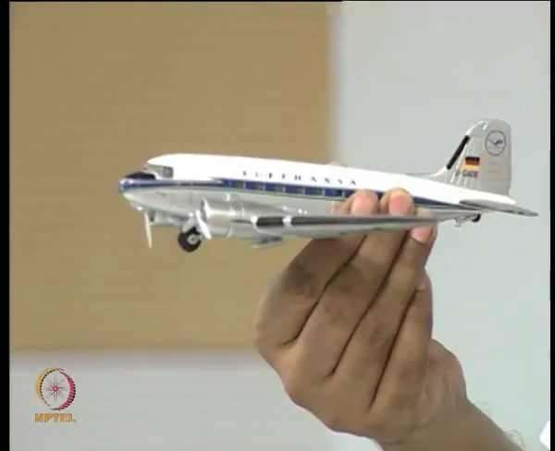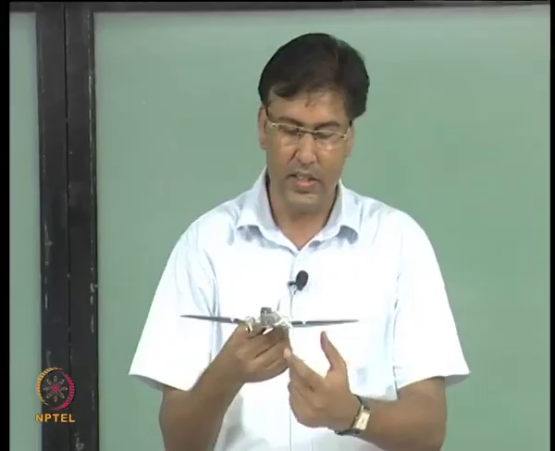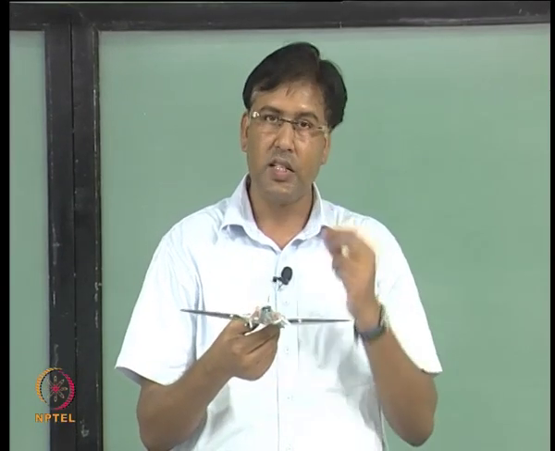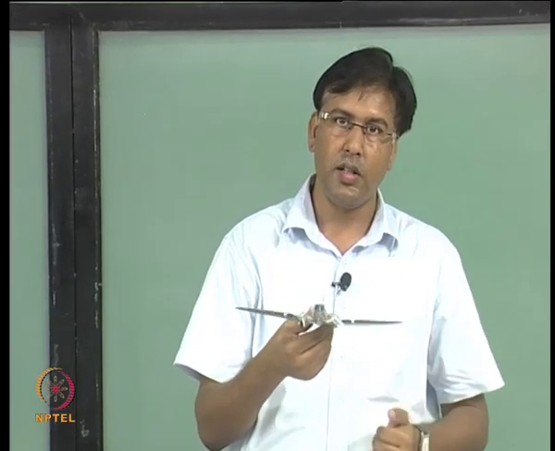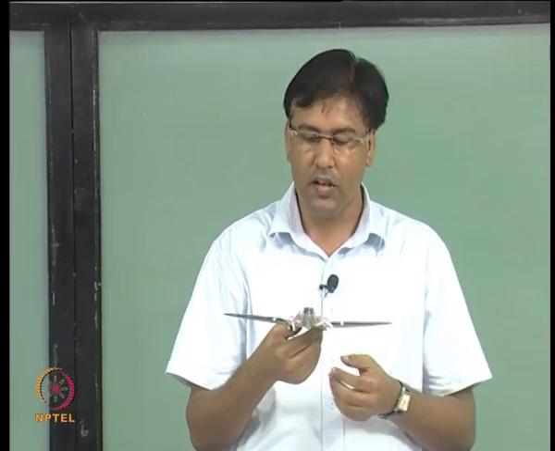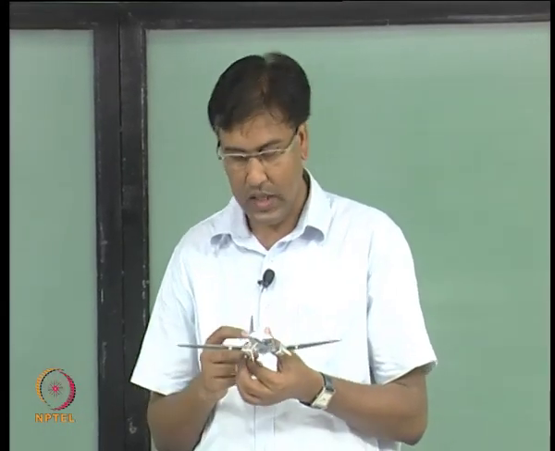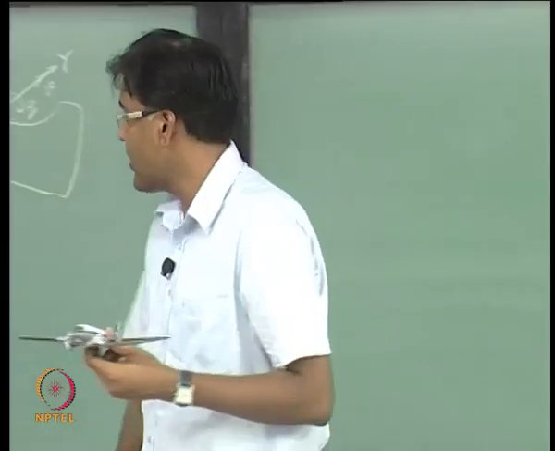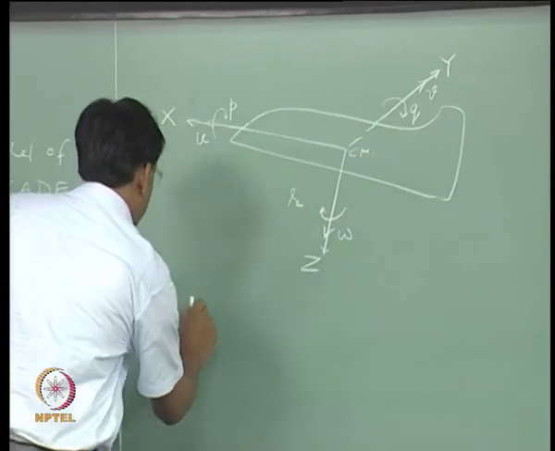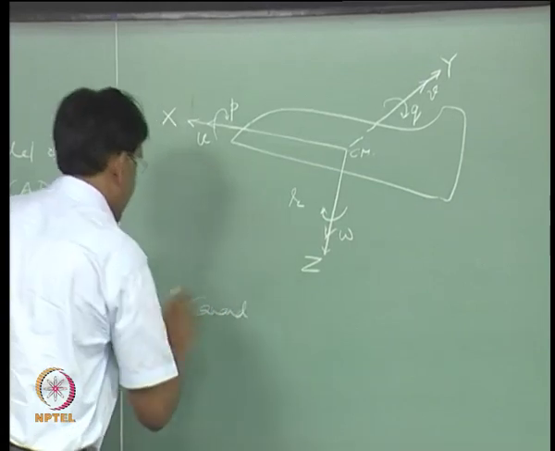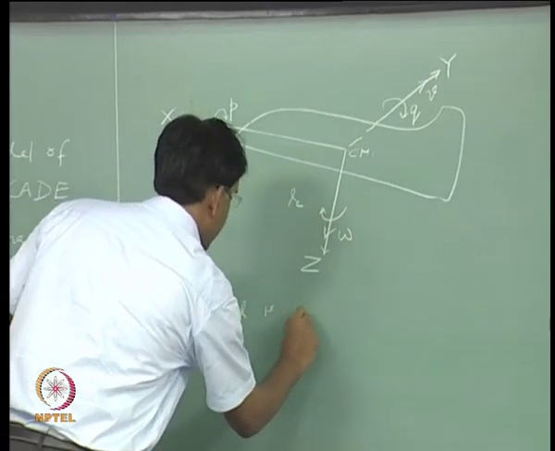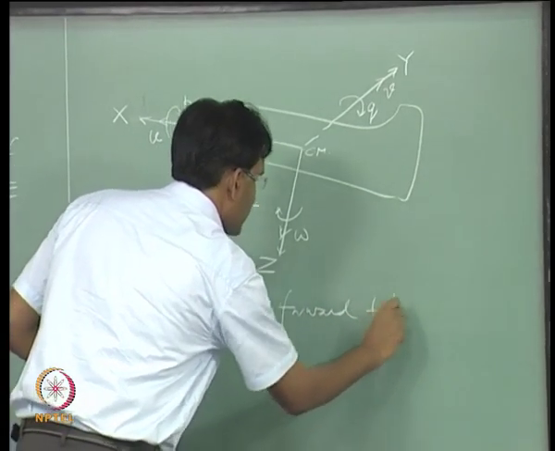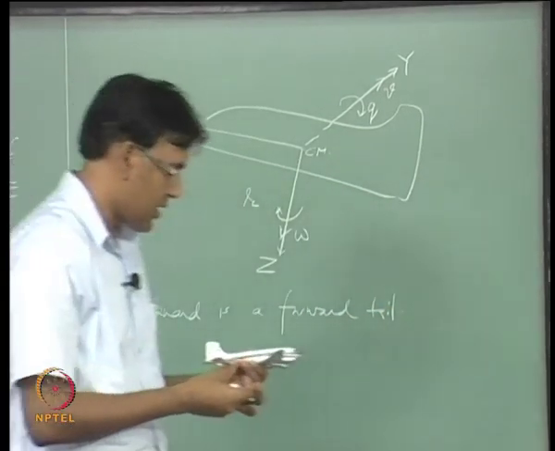So, tails are called tails because they are lying behind the wing, but there are surfaces which are also like tails, but they lie in front of the wing, and those are called forward tails. So, if you remember, canard is a control surface which can be called a forward tail.